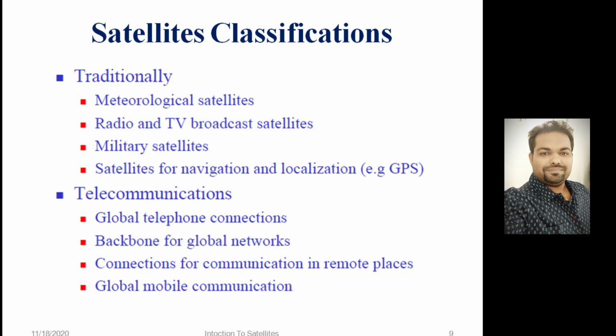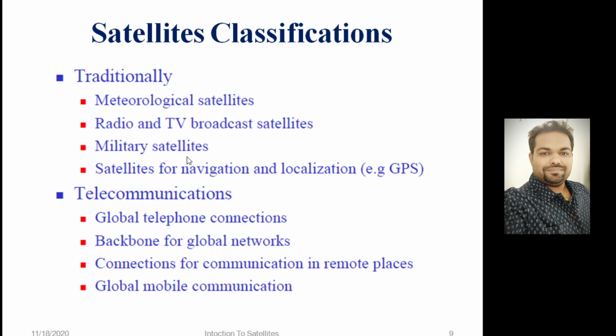If we look at the classification of satellites, you can classify satellites as per their purposes, for what purpose you are using the satellites. If we look at the broad classifications, traditionally we can say meteorological satellites, which we use particularly for weather forecasting. Radio and TV broadcasting satellites, right?